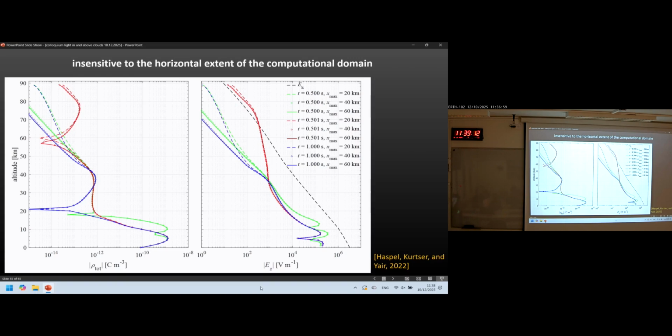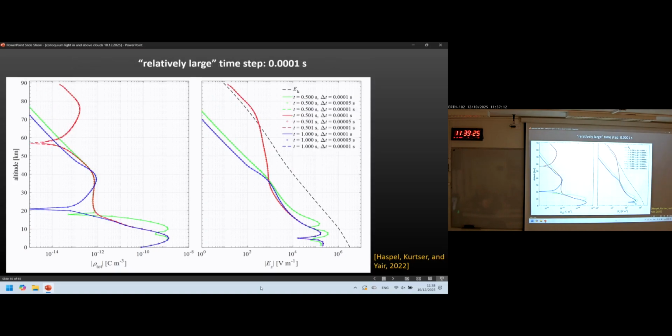But because I'm not artificially prescribing some boundary condition due to finite differencing on the sides of the domain, I don't have any boundary condition on the sides of my domain, I can make it much more compact than other people's models. I can also use a relatively large time step. This is larger than what most people do. Okay? It's still small, it's 0.0001 seconds. But it's larger than what other people do when they have finite differencing. Okay? And we can see it gives the same result even as an order of magnitude smaller time step.